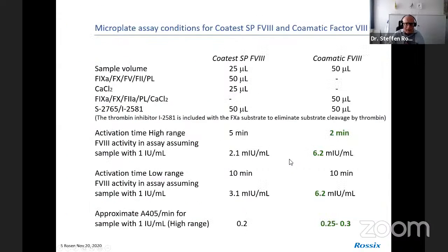So this is just a comparison on the simplification with the chromatic kit versus the Quartz kit. Fewer additions, a short activation time, and less dilution of the sample, which results in a higher rate of PNA generation, which makes it easy to get proper ODs in the instrument.